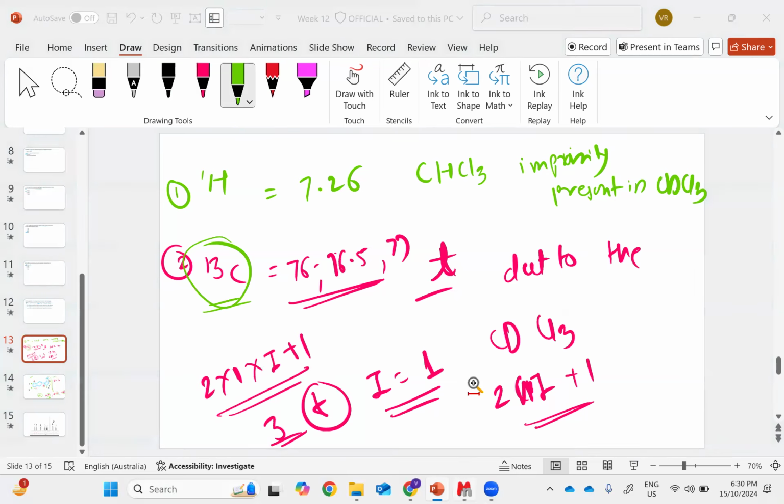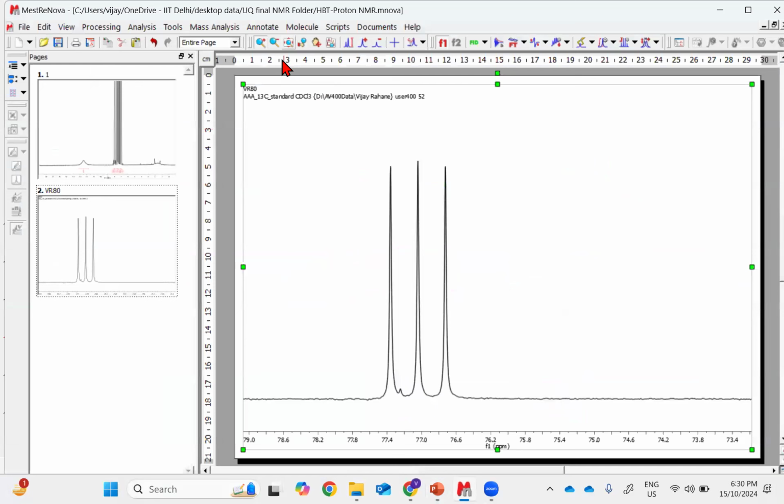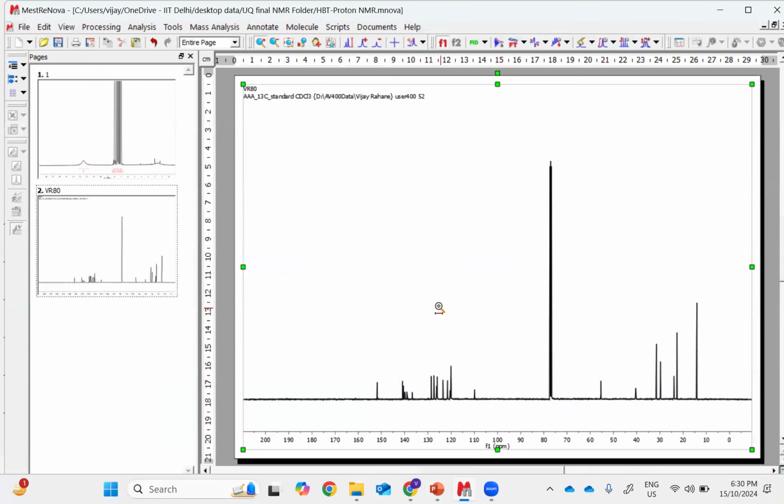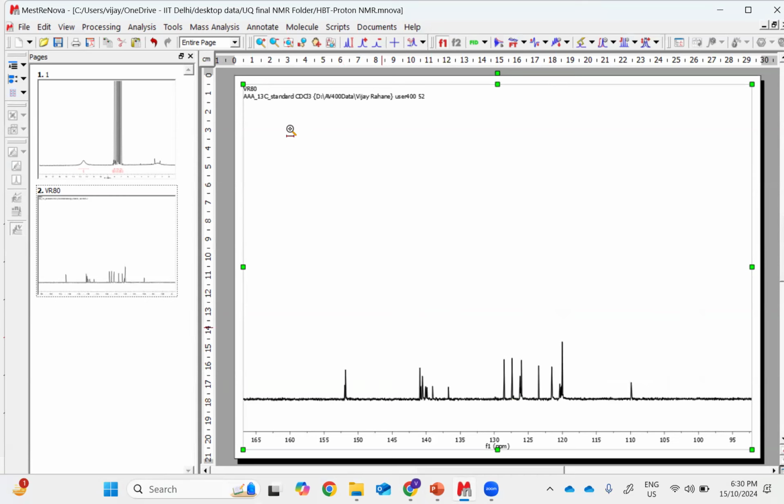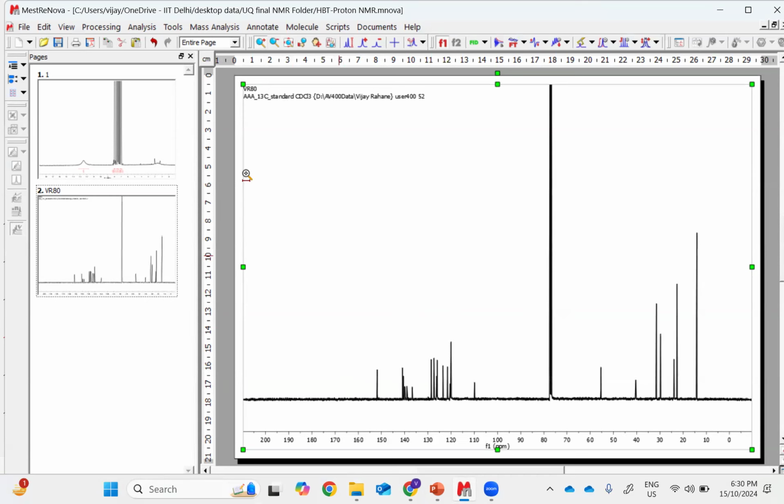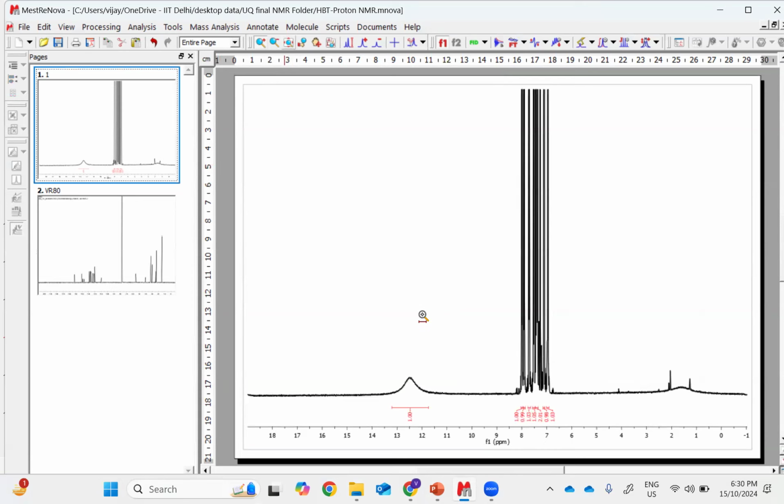We get the triplet due to the CDCl3 in the 13C, and we get the sharp singlet in the 1H spectra at 7.26, which is due to the CHCl3 impurity present in the CDCl3. That is due to the impurity of chloroform, CHCl3.